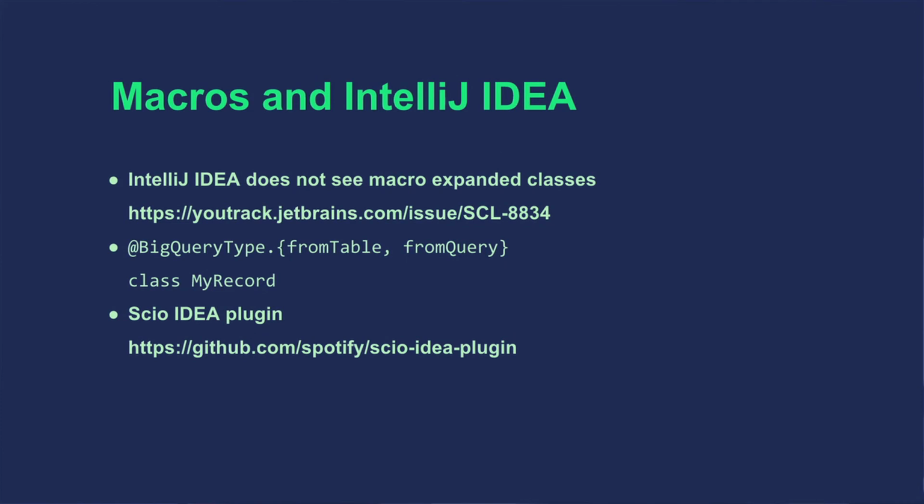All right. And macros in IntelliJ are another challenging problem. If you ever use things like Shapeless or Simulacrum or other Scala libraries that generate code at compile time, most of them are not picked up by IntelliJ. So you might see red underlining in IntelliJ on stuff that's actually compilable in SBT.